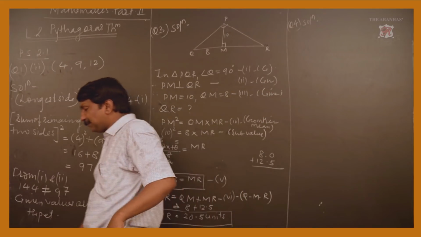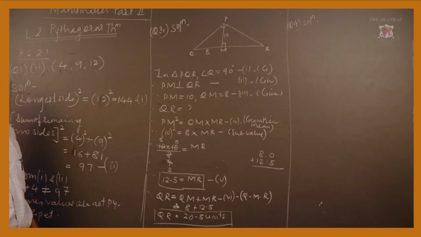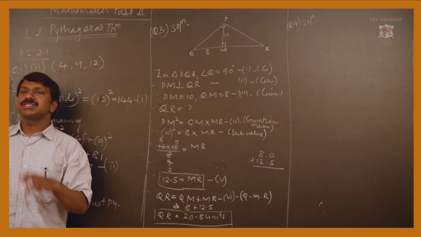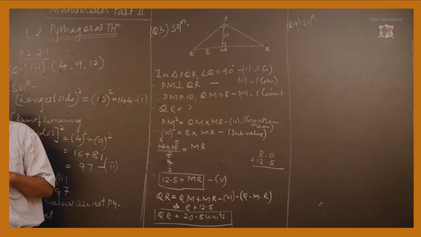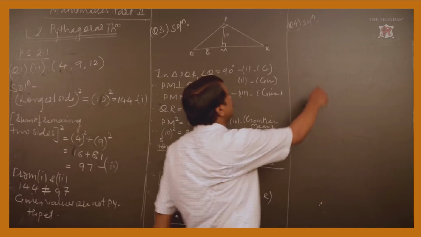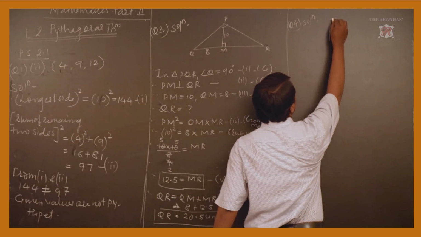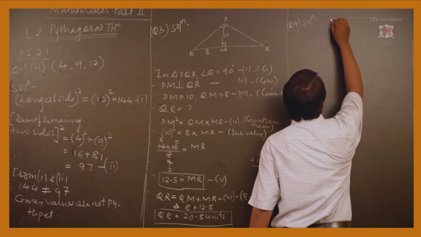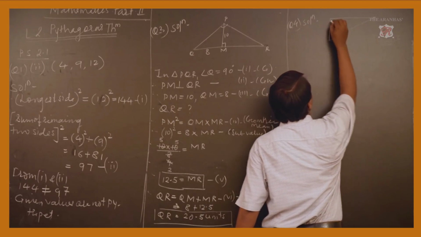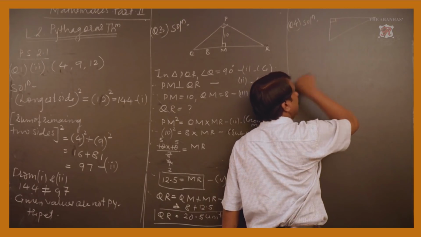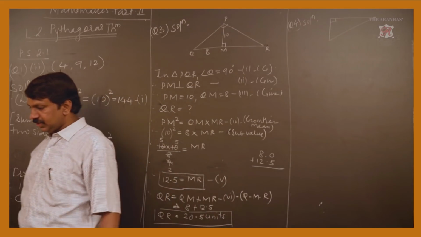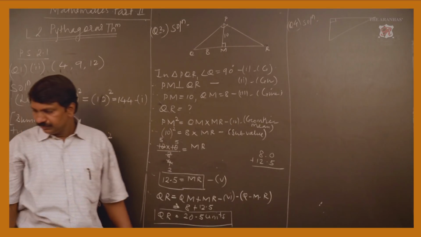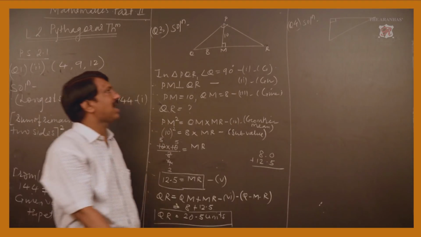Whenever we were discussing the basic concept, the recall topic, at that time we already discussed this. If we see that question, they gave us one right angle triangle, and the name of the triangle is given, that is PSR.